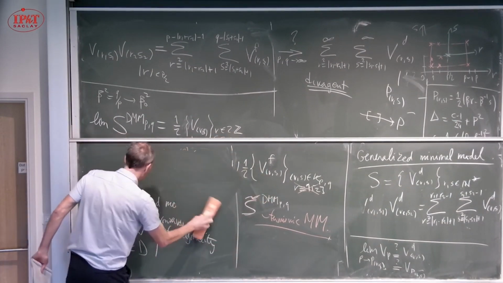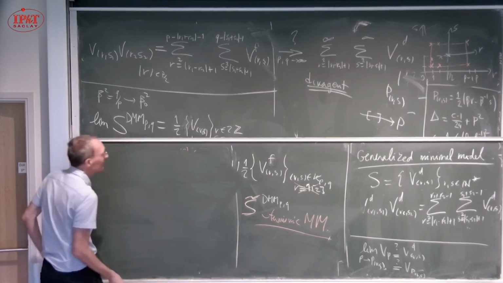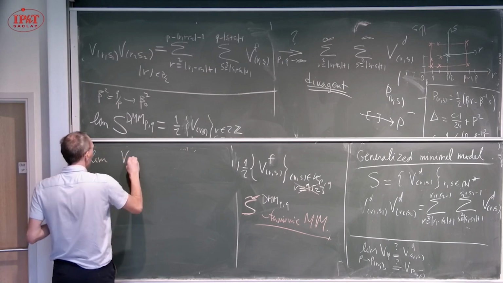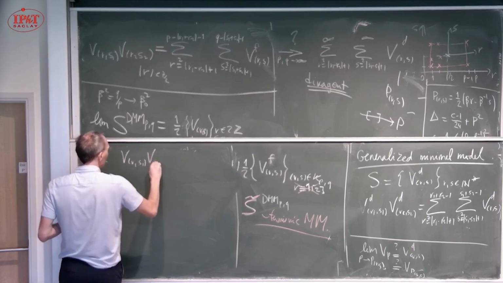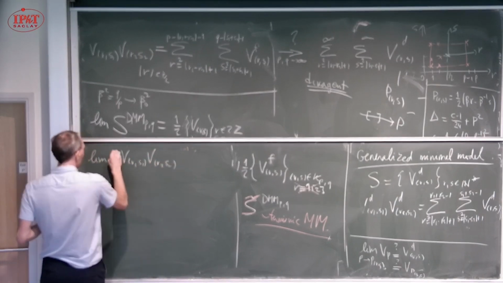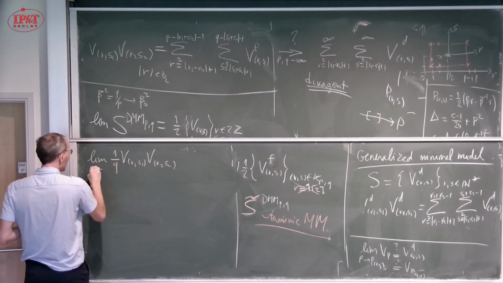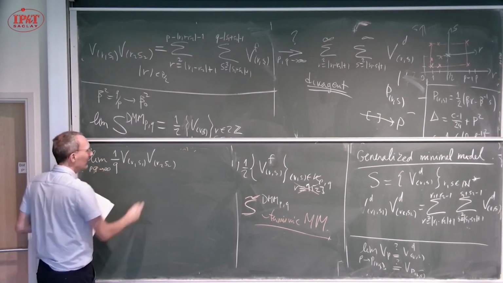So what we will do is to take the limit slightly differently. Instead of naively taking the limit of V_R1S1 V_R2S2, all we have to do is to take the limit of 1 over Q times V_R1S1 V_R2S2.